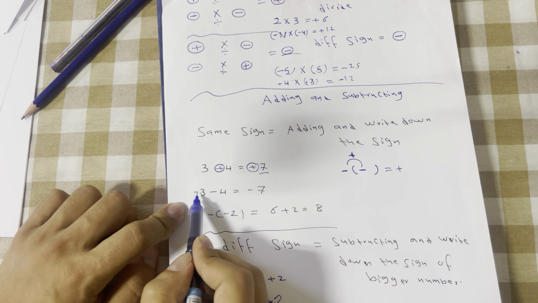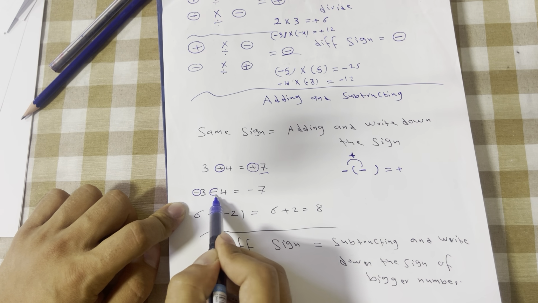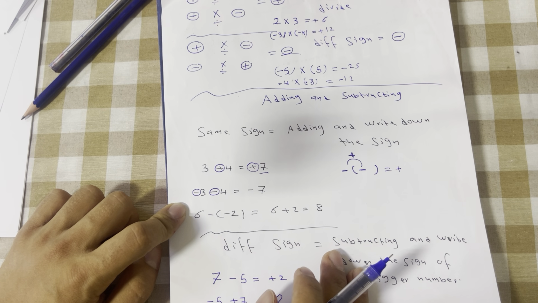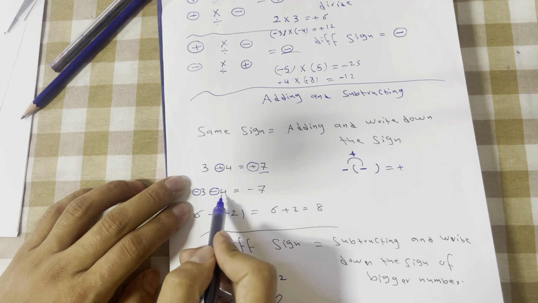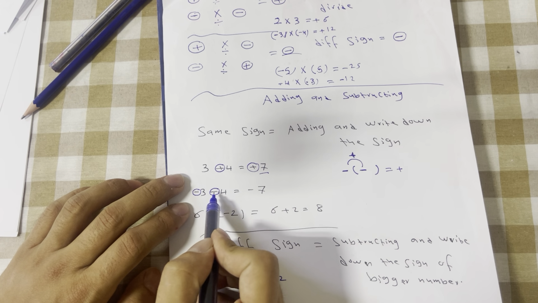Look at here. We have negative, and we have negative. When we have two integers or two numbers and they have the same sign, I have to collect them. 3 with 4 equals 7, and we have to keep the sign.